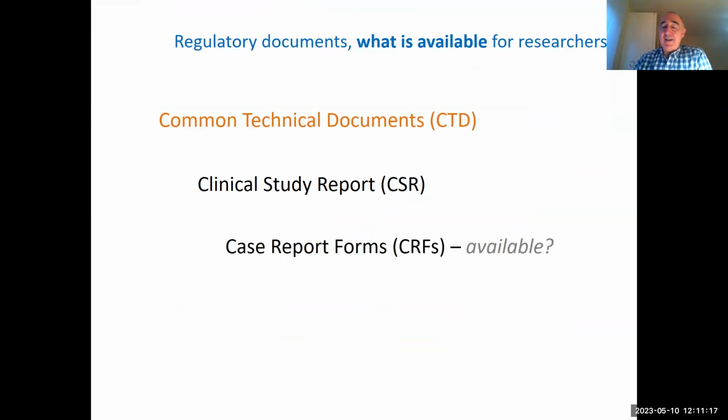And as I was saying before, the case report forms are not really available. The EMA and Health Canada never require this information from the companies. That means they won't be able to double check if the primary information from the trial is faithfully transcribed to all reports.